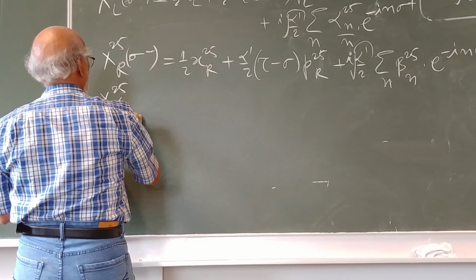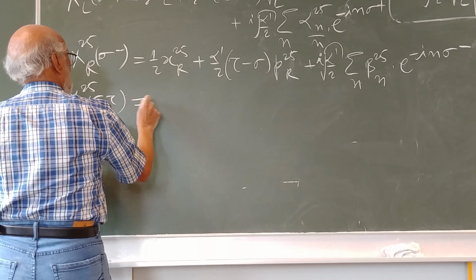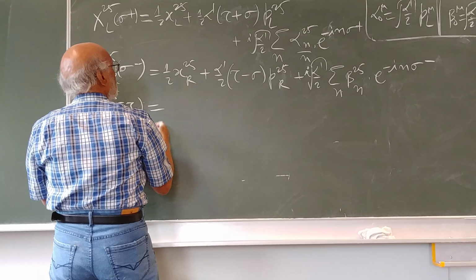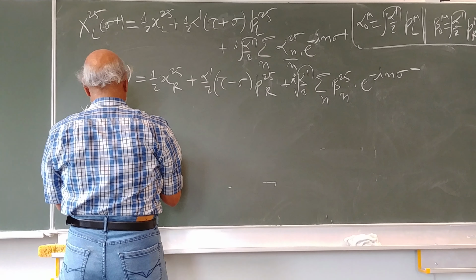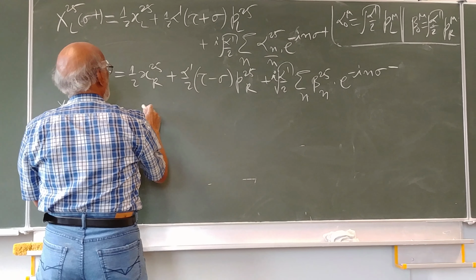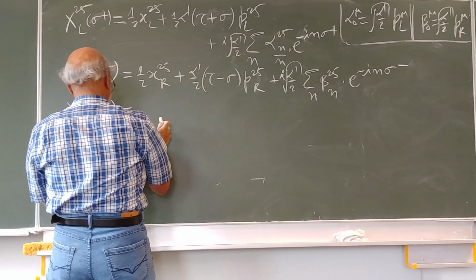And from that we want to write down x25, which would be, we want to sum these two. So what you have is 1/2 of this plus 1/2 of this.